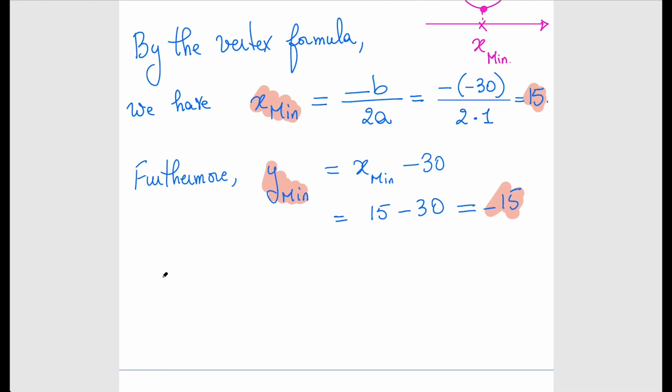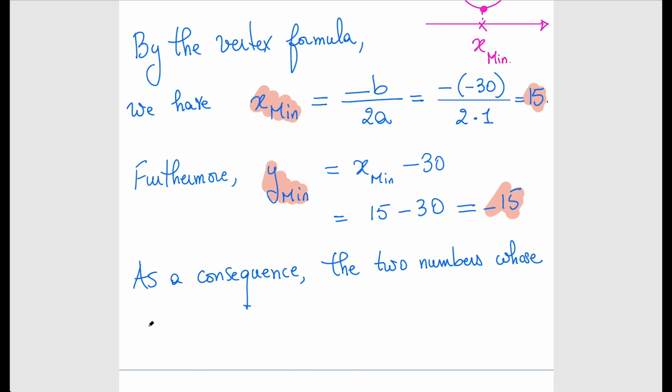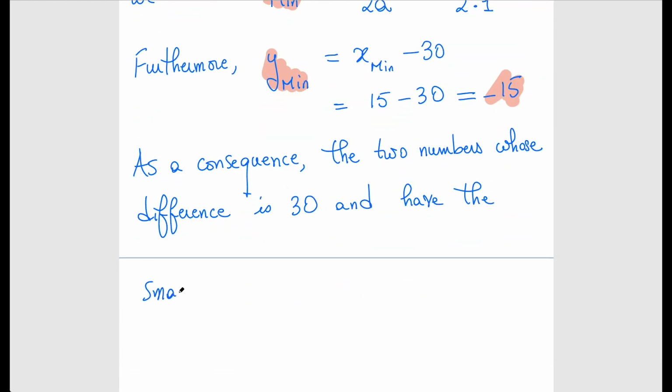This is the conclusion. So as a consequence, the two numbers whose difference is 30 and have the smallest product are 15 and negative 15, right?